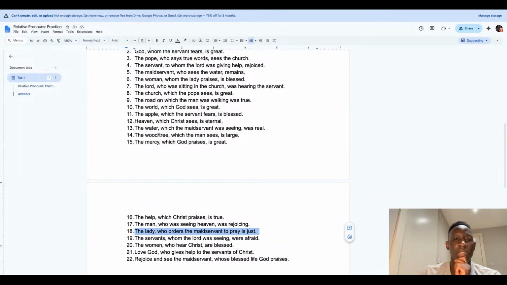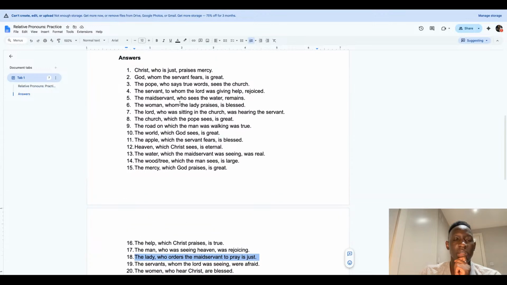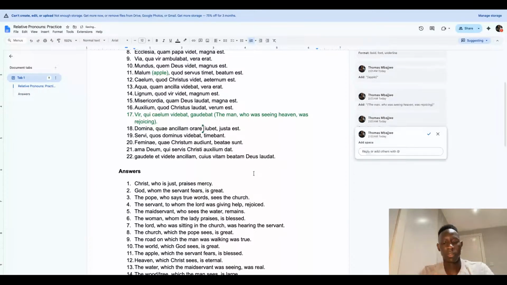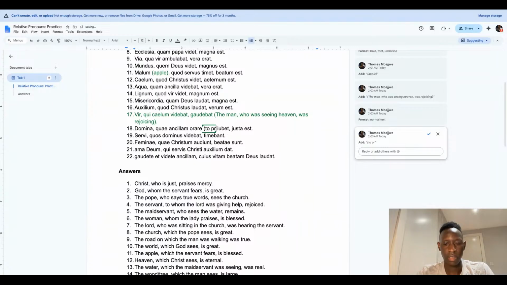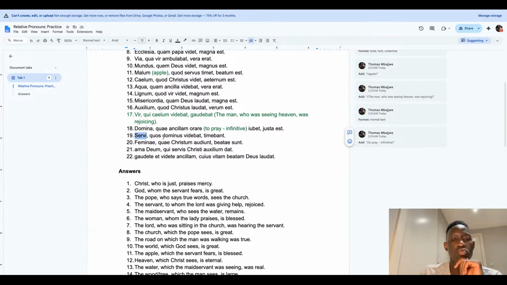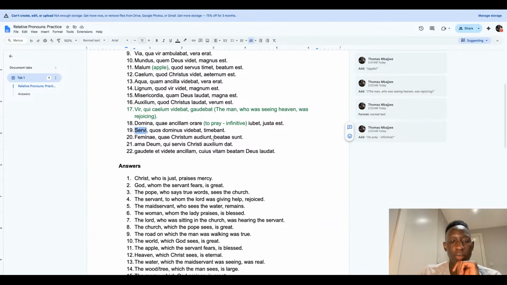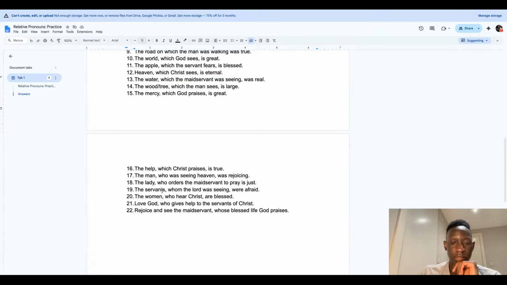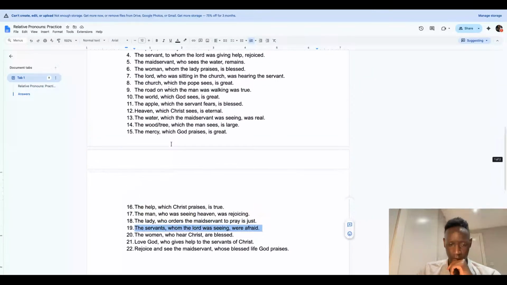Orare is to pray, in the infinitive. Servi quos dominus videbat timebant. The slaves whom the master was seeing were scared, or afraid. Excuse me.